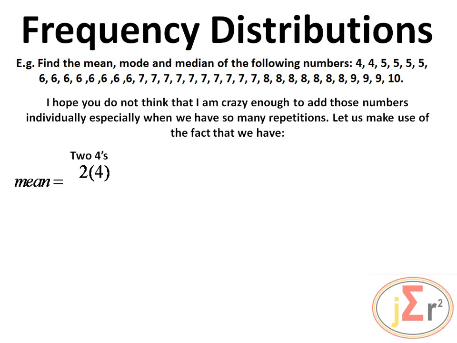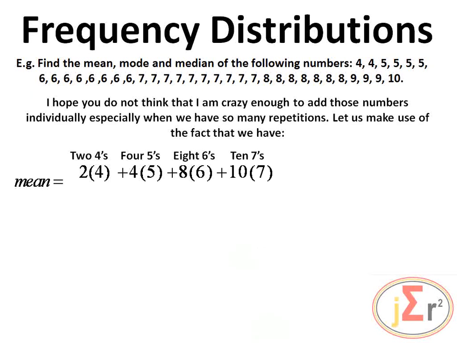That means 2 times 4. And of course we have how many 6s? 1, 2, 3, 4, 5, 6, 7, 8. So we have 8 6s. How many 5s do we have? 1, 2, 3, 4, 5. So we have 4 5s. And if we count the number of 7s that we have right there, we'll get 10 7s.